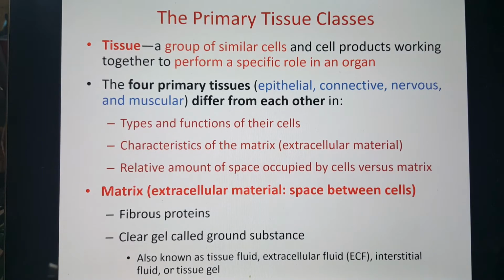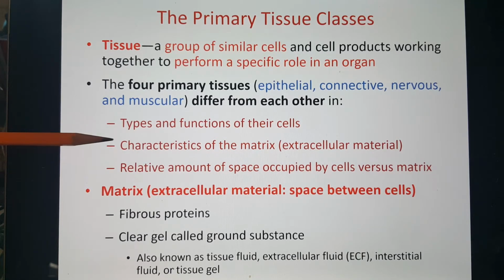So with our 4 tissue classes, they differ from each other in the types and functions of their cells. So for example, your muscular and nervous tissue, they both can be stimulated. Your epithelial tissue, it's usually facing some kind of outside environment. They're usually closely packed together, versus your connective tissue, they're a little bit more spaced out.